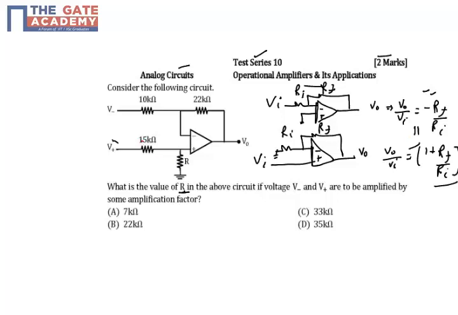So first of all, I will take the case of the inverting amplifier. For that, I will set V plus equal to 0. If V plus is 0, you know that the input current of the op amp is 0, so there is no voltage drop across the resistor, and this terminal voltage will also be 0. Then you can relate this circuit with your first case.